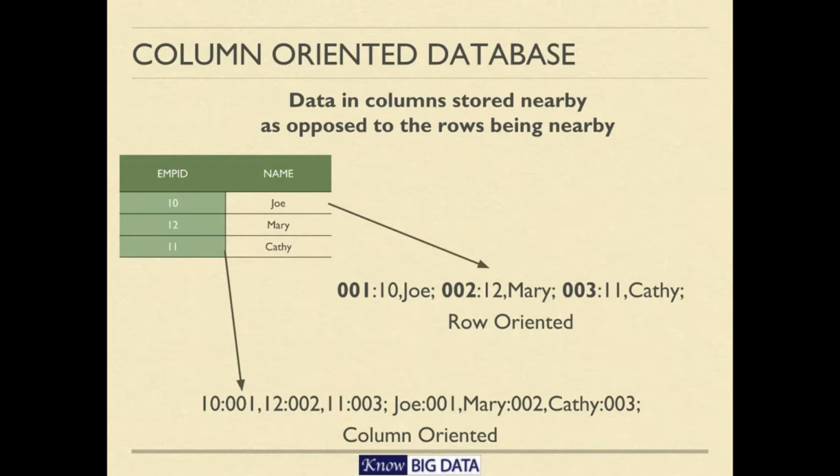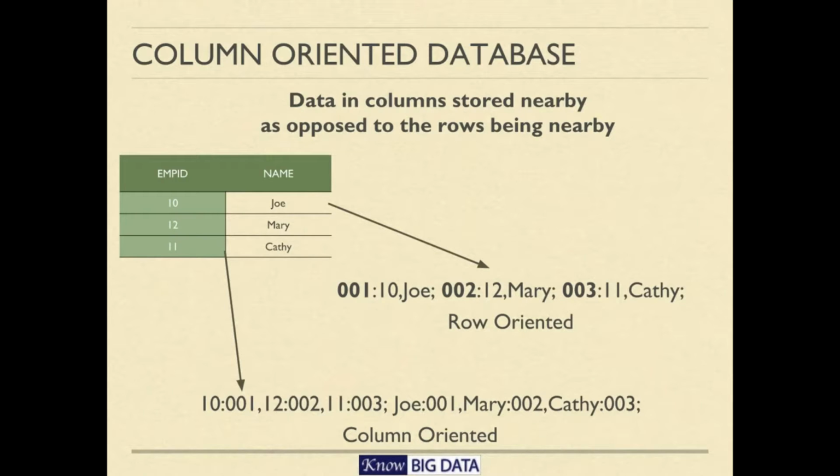The column orientedness. What does column orientedness mean? For the end user, it doesn't make much of a difference. But for a product developer, it matters a lot. When we are given CSV data, or data which contains rows and columns, and we have to store it somewhere, there are multiple ways to store it.